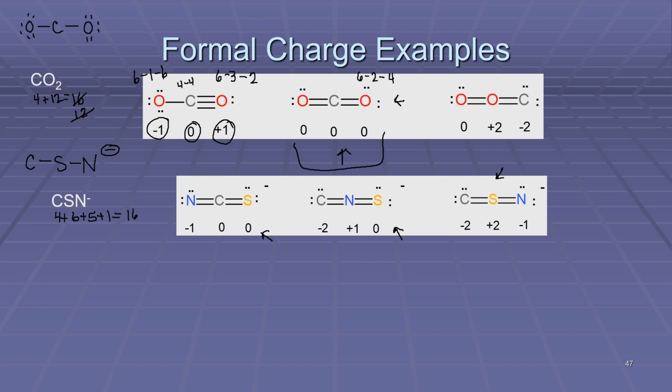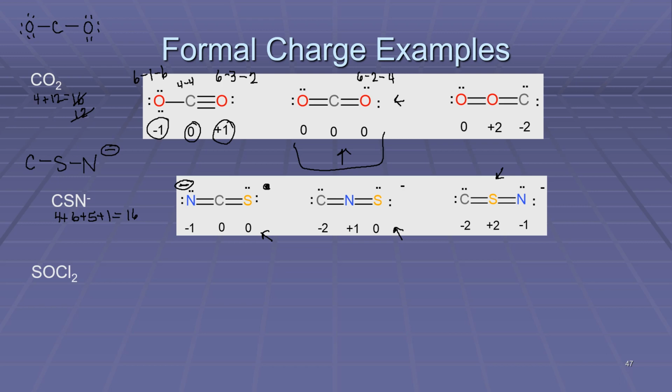And so what that tells us is that, in fact, the negative charge is based on the nitrogen, so it tells us where the negative charge is located, and also gives us the best sharing. You don't always have to do this, but if you're unsure, this is a really helpful way of using formal charges. So let's do one more, SOCl2.